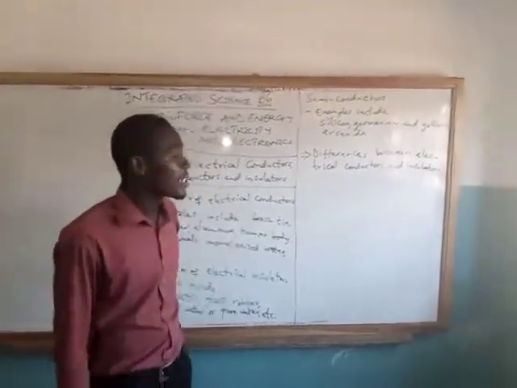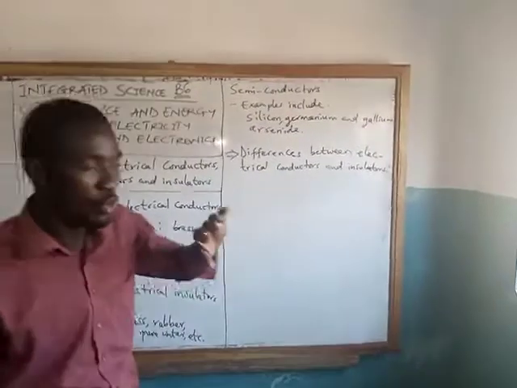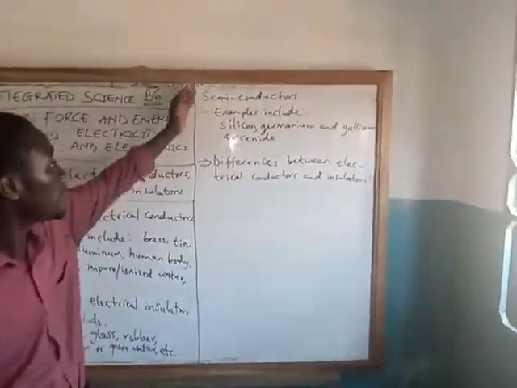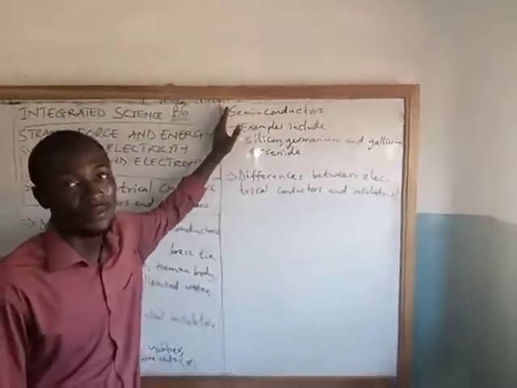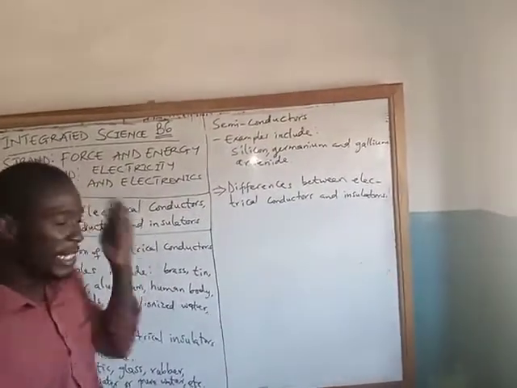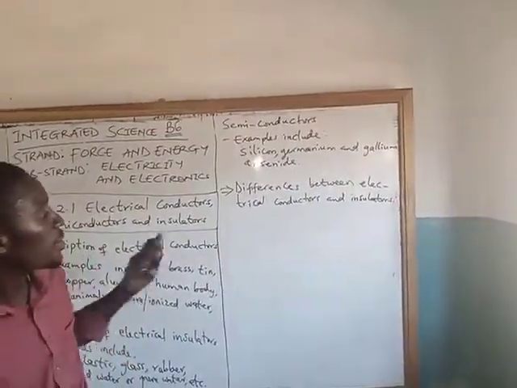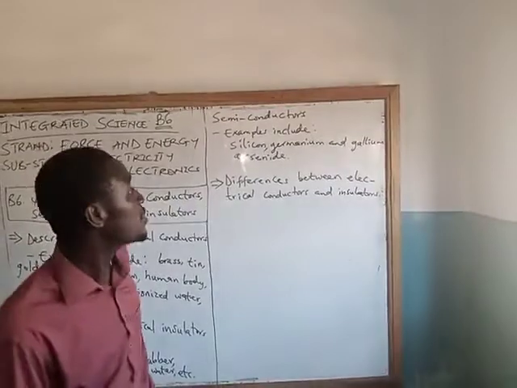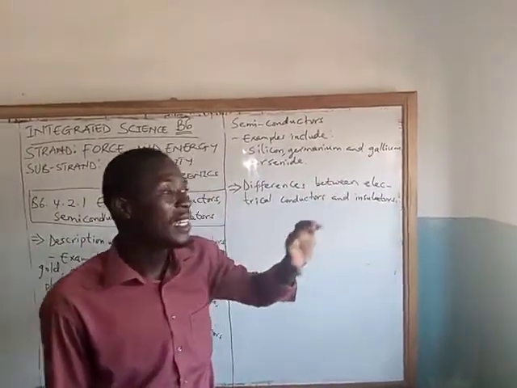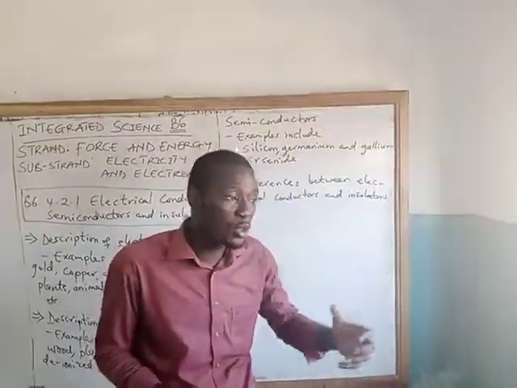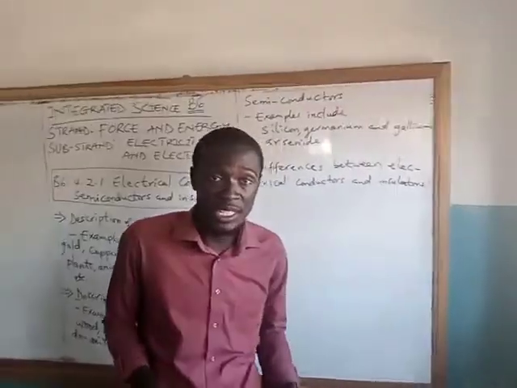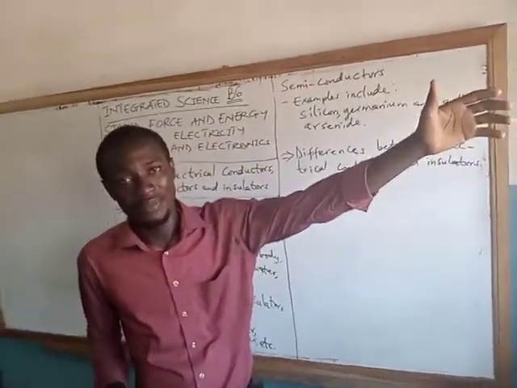We also want to look at another special group of materials that we call semiconductors. These are neither conductors nor electrical insulators. These are the materials that are able to conduct electricity only to some extent.